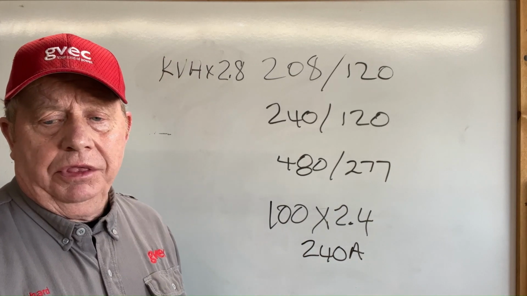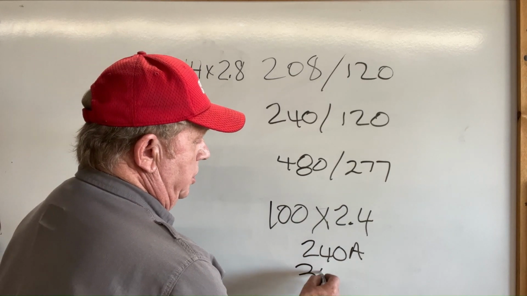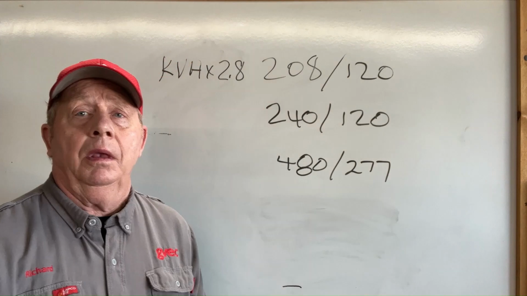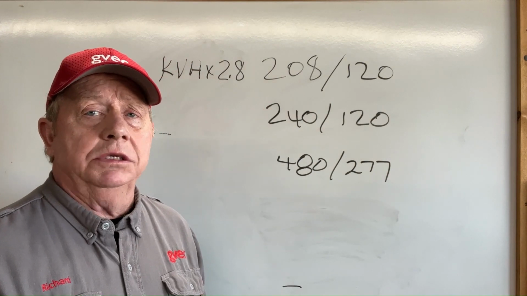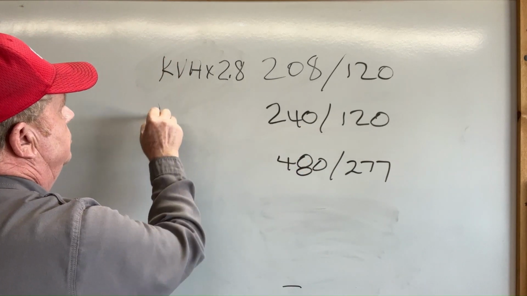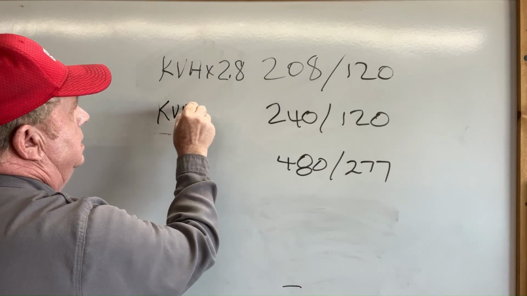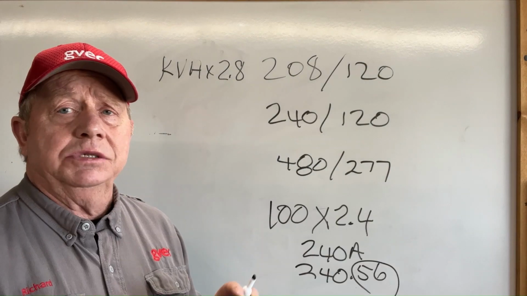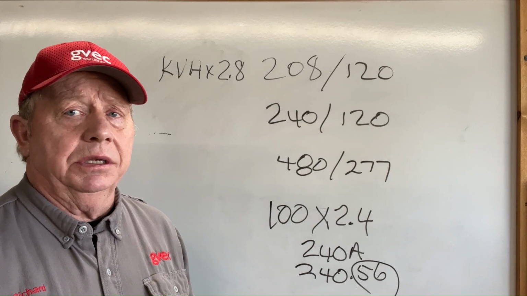The long math, 240.56. So we go back to the formulas. We show you that at 240 volt, it was kVA times 2.4. This works 100% of the time.